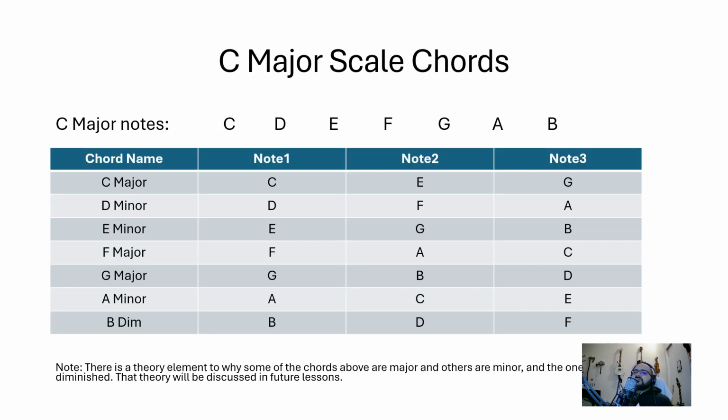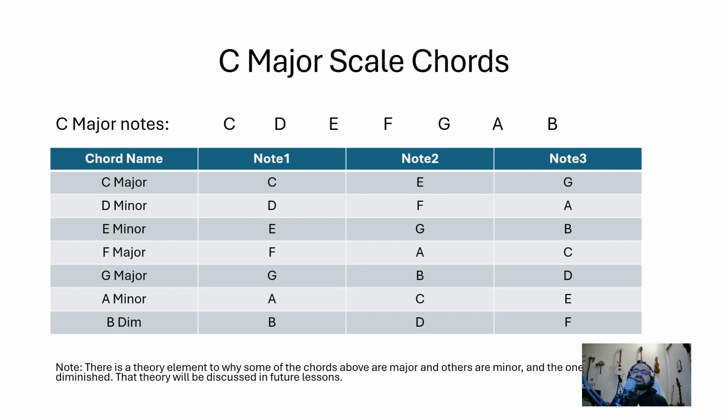Here is the list of the allowed chords that we are going to be discussing. At the top, you can see the notes that are present in the C major scale, and then you have 7 chords, each chord starting with each of the notes from the scale. On the left, you see the name of those chords, and then you have 3 notes, the ones that make that chord.